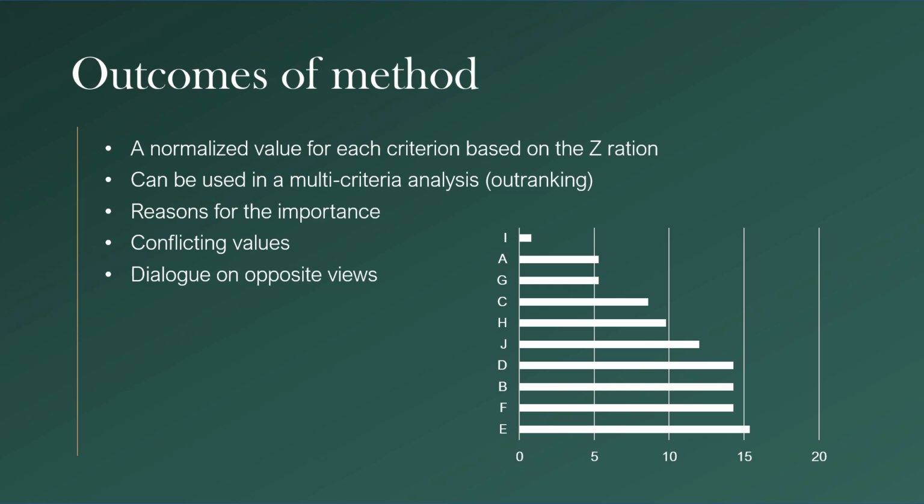At the same time, if you were paying attention, you will have written the reasons for the importance of each criterion, and you will have some remarks and probably conflicting values that represent different points of view between stakeholders, but also within each one of the participants. It also gives the possibility to identify opposite views, and if this is implemented in a group setting, it is also possible to discuss these opposite views.